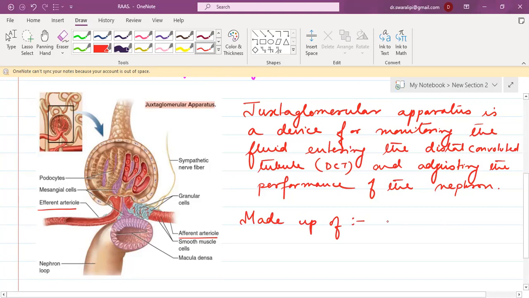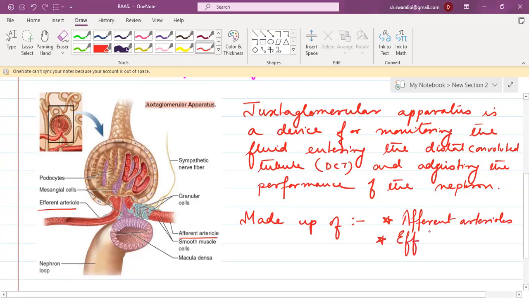First, it is made up of afferent arterioles, A-F-F-E-R-E-N-T. Next, efferent arterioles.